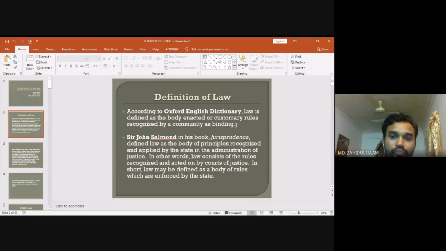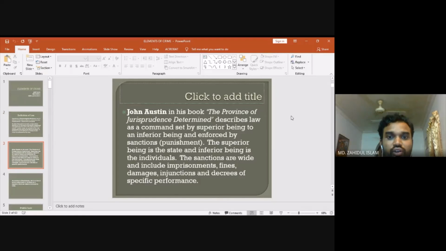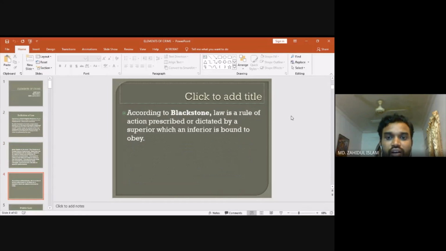That is law. Sir John Salmond, in his book, defined the law, and John Austin also defined it. You can read it. Another one, the easiest and most acceptable one I like, is Blackstone's: law is a rule of action prescribed or dictated by a superior, whom an inferior is bound to obey.